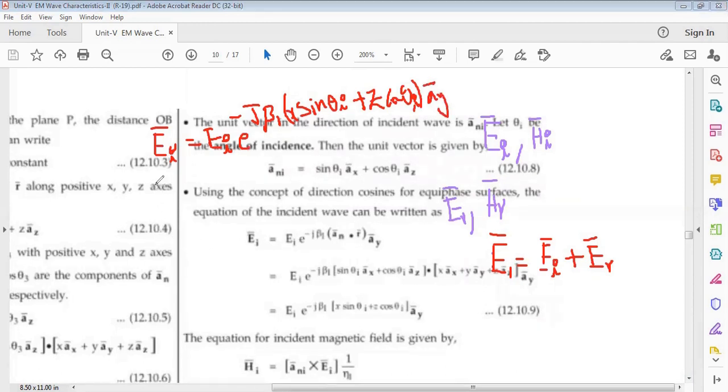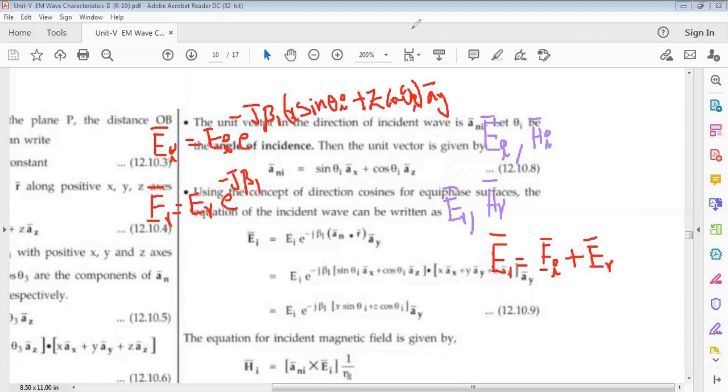And similarly ER bar is equal to ER magnitude into e power minus j beta 1.